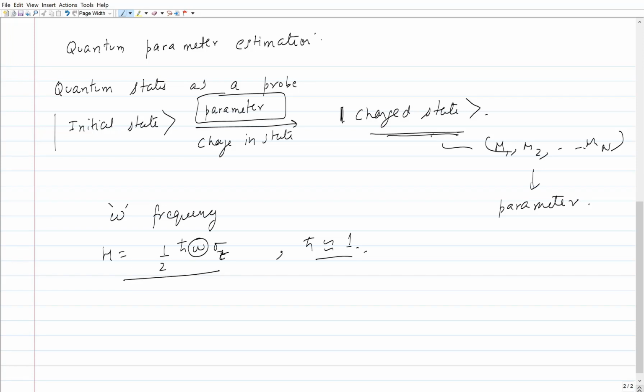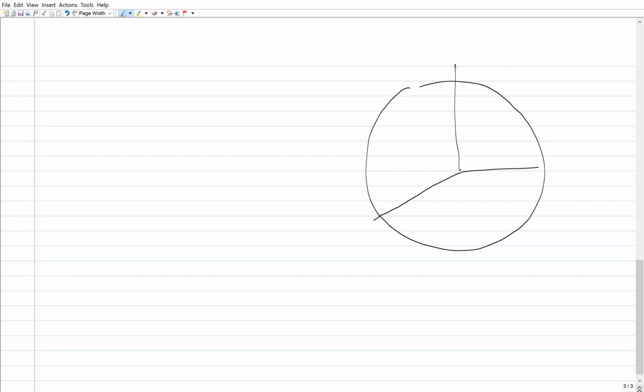So this was my parameter. What do I take as my probe? Let me draw the Bloch sphere. Remember we did this, the Bloch sphere in the class, months back. So this is my Bloch sphere. This is my zero state, or I also call it the spin up state. This was the one state or spin down state.